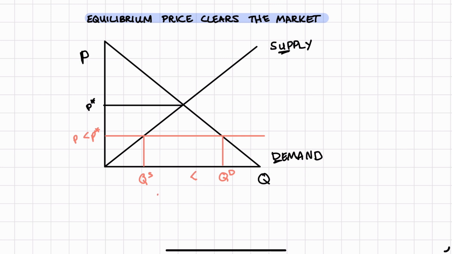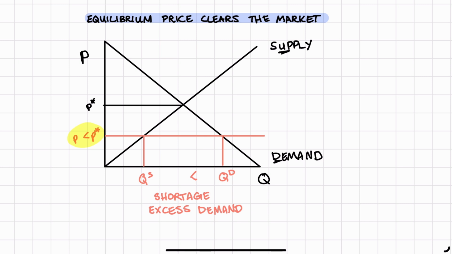This is called a shortage. When there is more demand than there's supply, it's called excess demand. Excess demand or shortage, it's the same thing. And in this case, when the price is lower than the equilibrium price, you should expect long lines for the good, or for the good to sell out immediately.